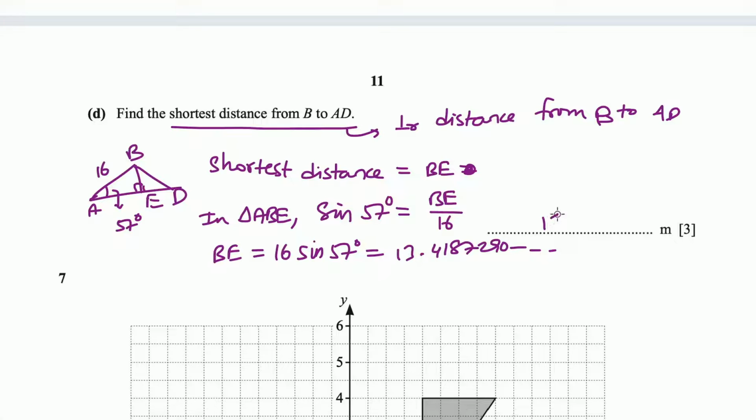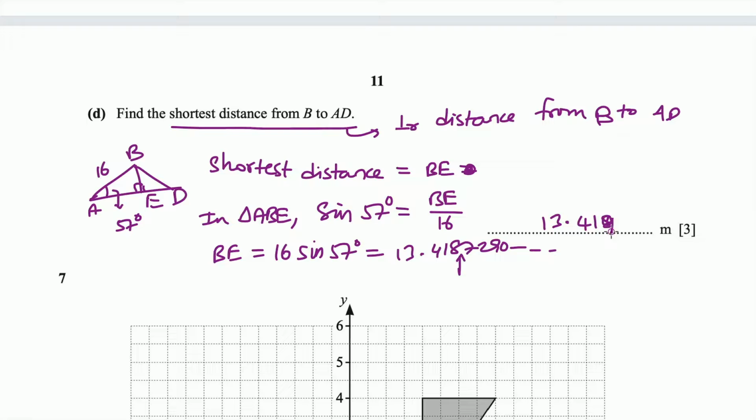In meters, the answer would be 13.418 meters. If I cut it to the third decimal point, it is 13.419 meters.